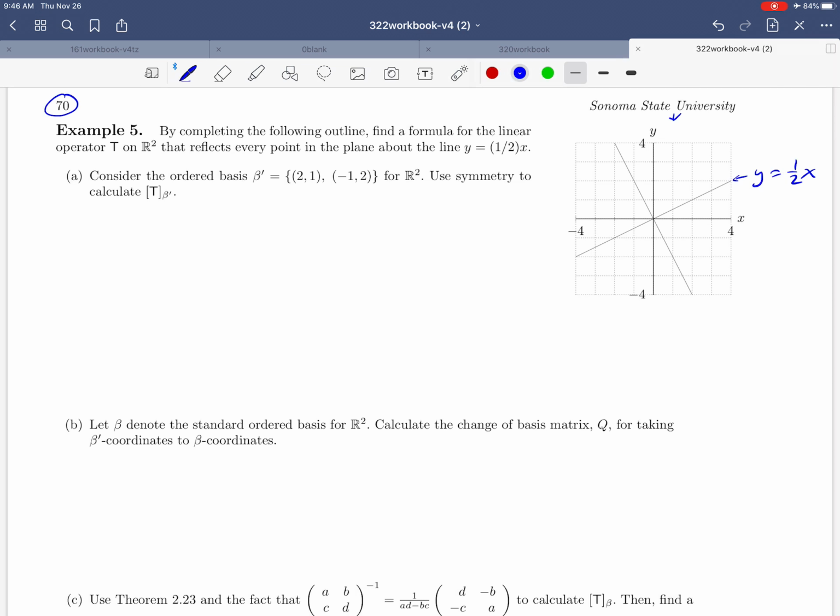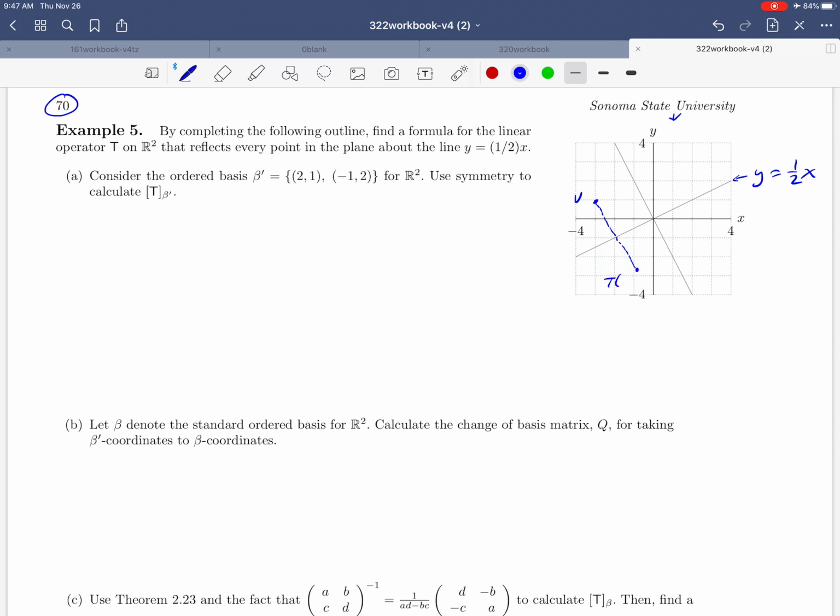And before we dive into the question itself, let's think about what this linear operator is doing. So it's essentially taking a vector v, I'm just going to take that as an example, and reflecting it straight through the line 1/2 x. So to figure out what the output of v is, you would just draw a line perpendicular to 1/2 x and then keep going so that you come out an equal distance on the opposite side.